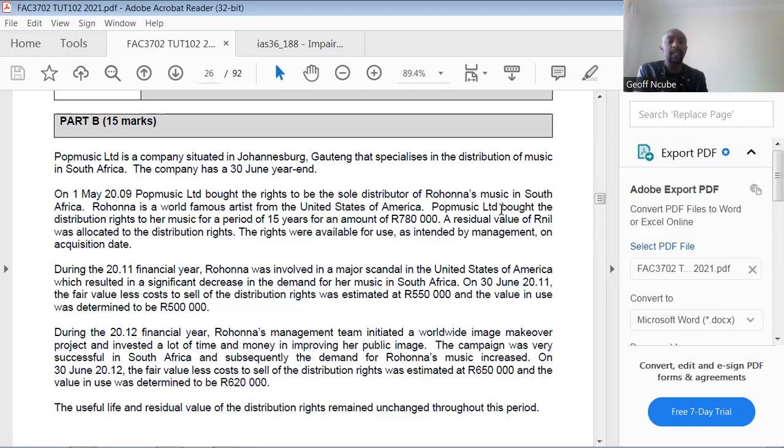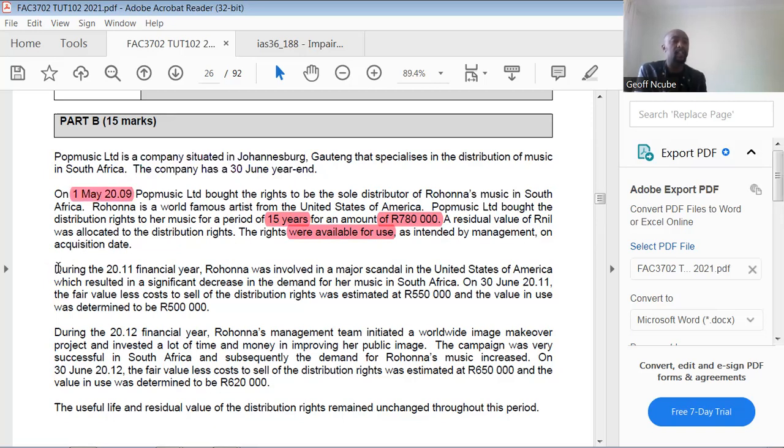Pop Music Limited bought the distribution rights to her music for a period of 15 years, for an amount of 780,000. A residual value of nil was allocated to the distribution rights. The rights were available for use as intended by management on acquisition date.